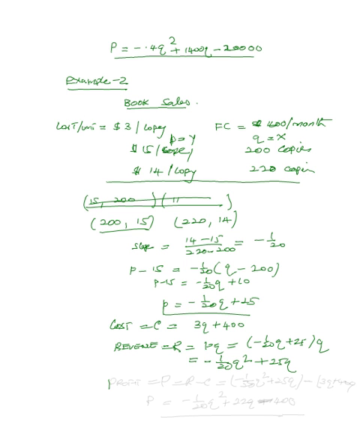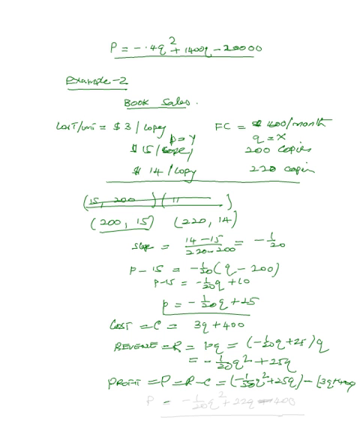So the profit, we call that P, revenue minus the cost. So negative 1 over 20 Q squared plus 25Q minus the cost function, which is 3Q plus 400.